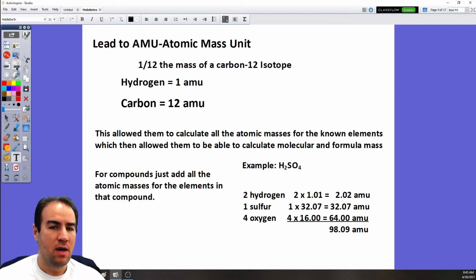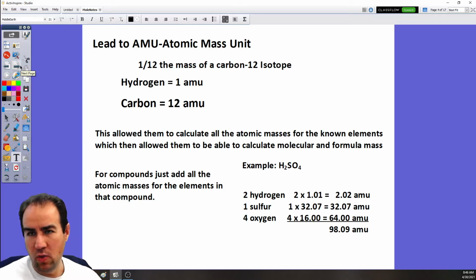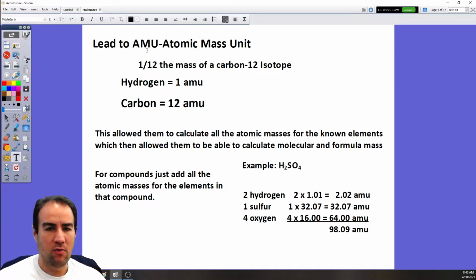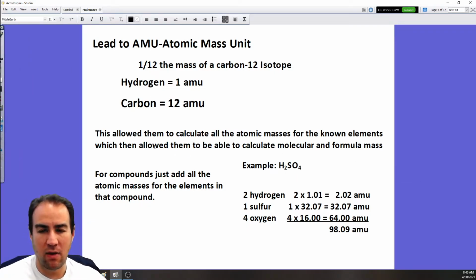A couple of examples: hydrogen has a mass of 1 AMU and carbon 12 AMUs. We can calculate the entire molecular mass of any molecule, any substance, just by taking their atomic masses and adding them all together.